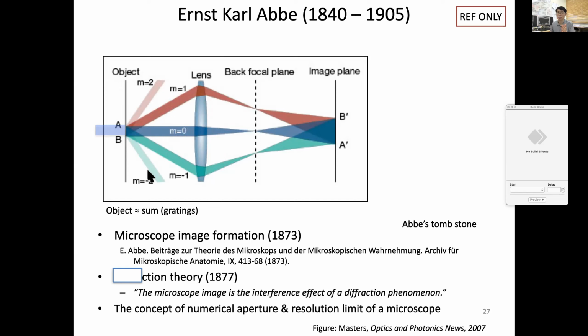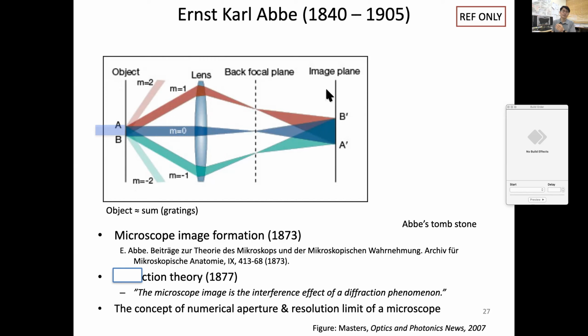These are higher order diffractions, and then the 0, plus 1 and minus 1 will eventually form an image at the image plane. So what that means is we may lose the higher order diffraction coming from fine, smaller features of the object. That's why our microscopic imaging has a limitation in terms of spatial resolution.